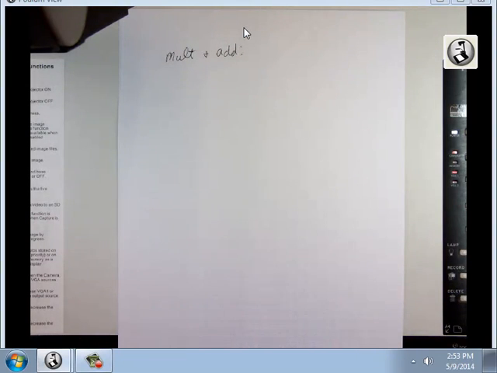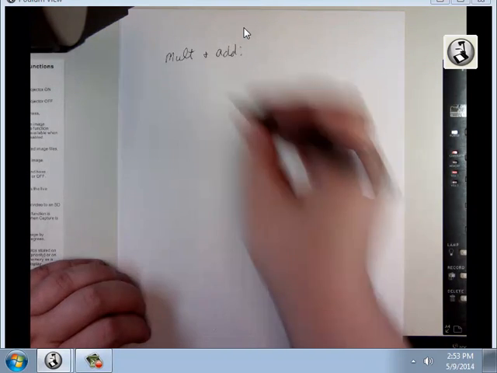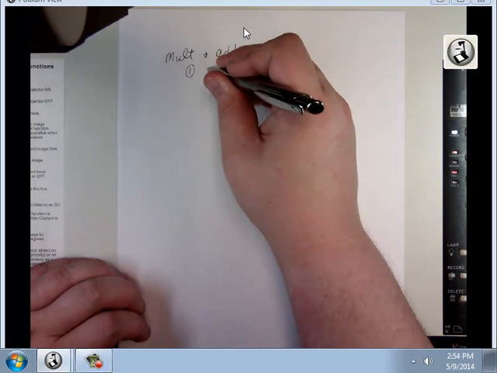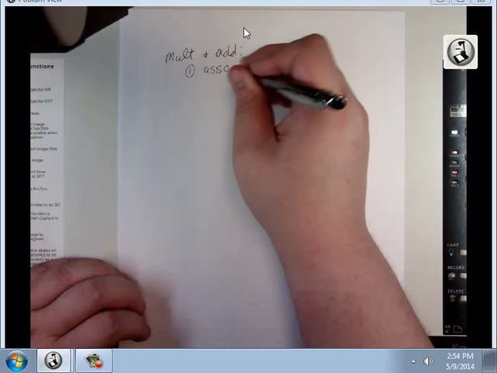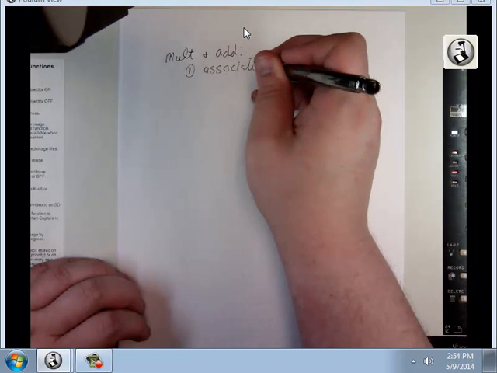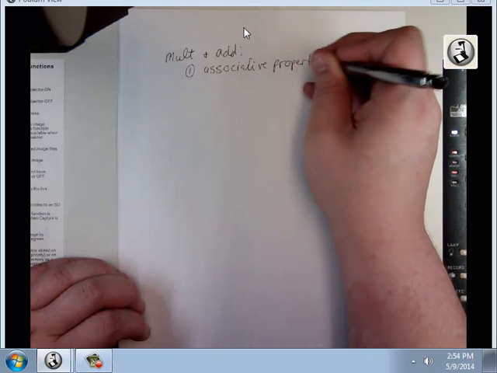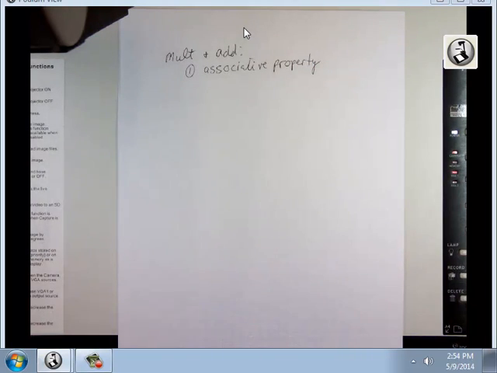Both of these have some special properties. One is called the associative property. And both of these properties are kind of related to each other.